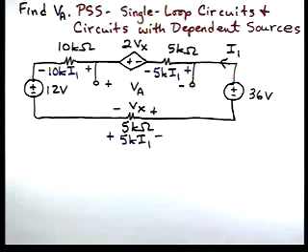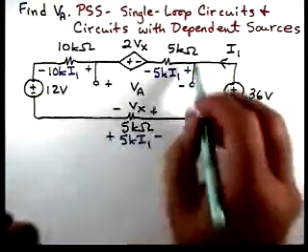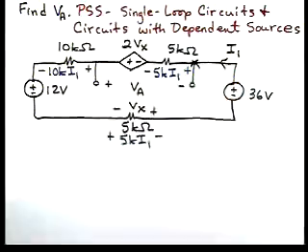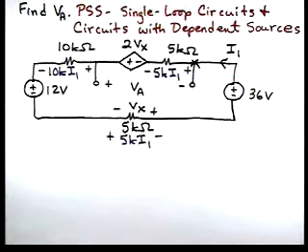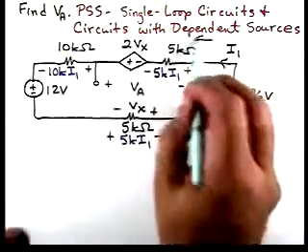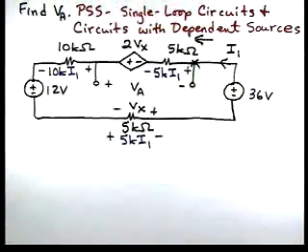Now we're going to apply KVL, and if we look at the problem-solving strategy for circuits with dependent sources, we're going to treat that dependent source like an independent source in writing the KVL equation for the circuit. So let's start here and go around the circuit counterclockwise.